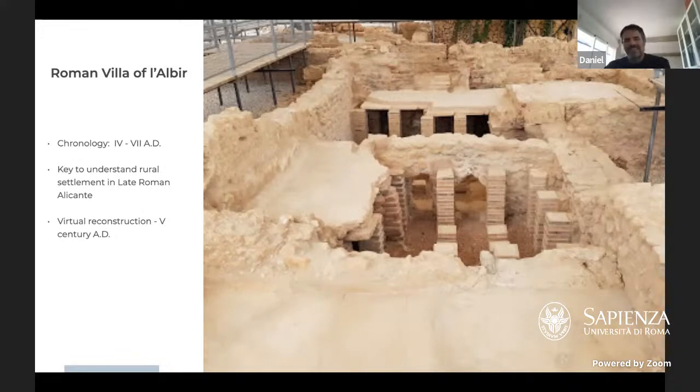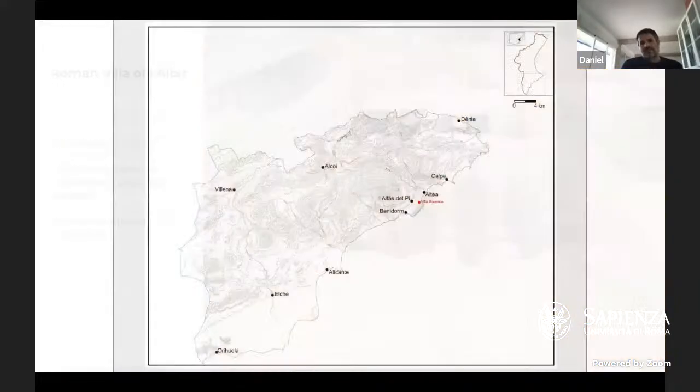This site is located in Alfaz del Pi, in the province of Alicante, in the southeast of Spain. After several campaigns over the last 10 years, not only to research but also to protect this site, the remains are currently well preserved and protected.